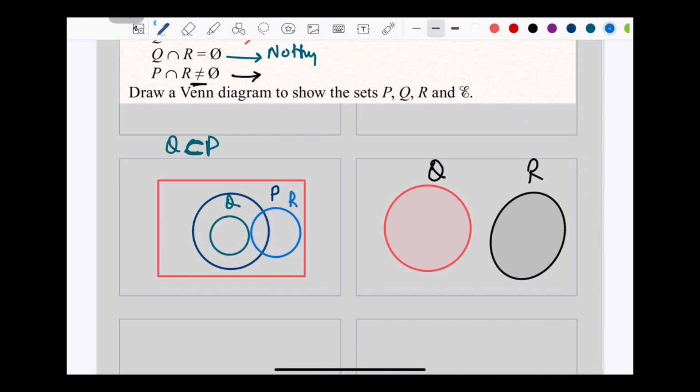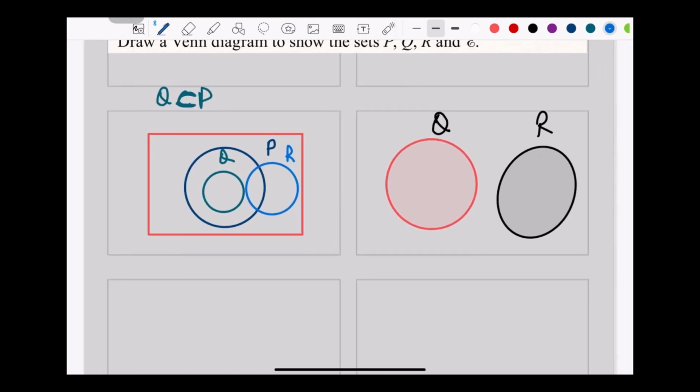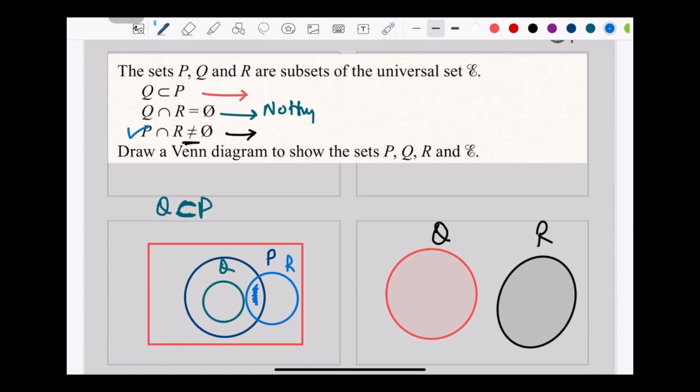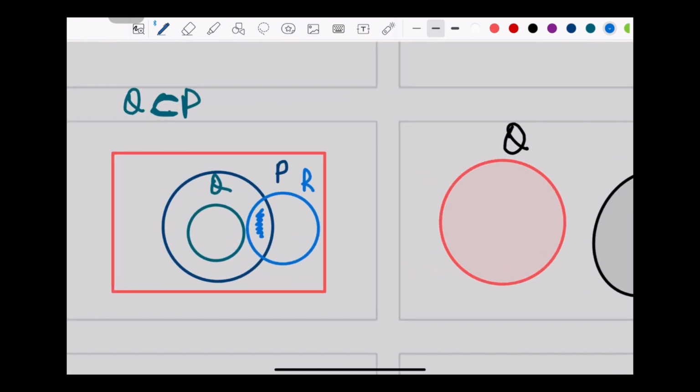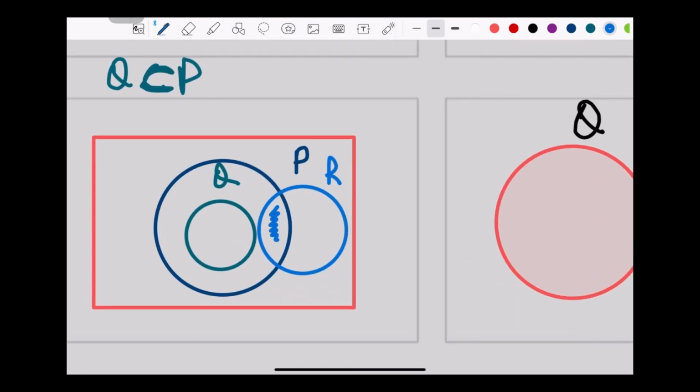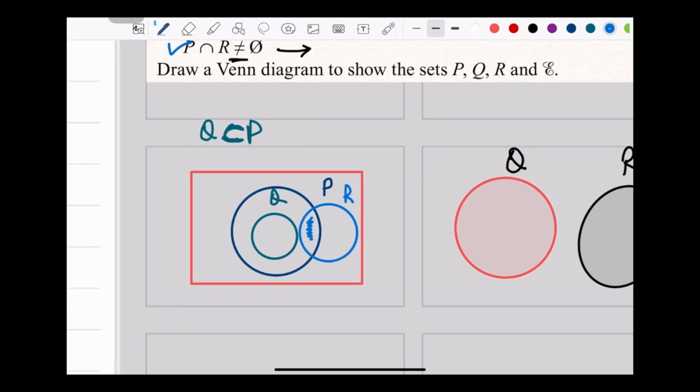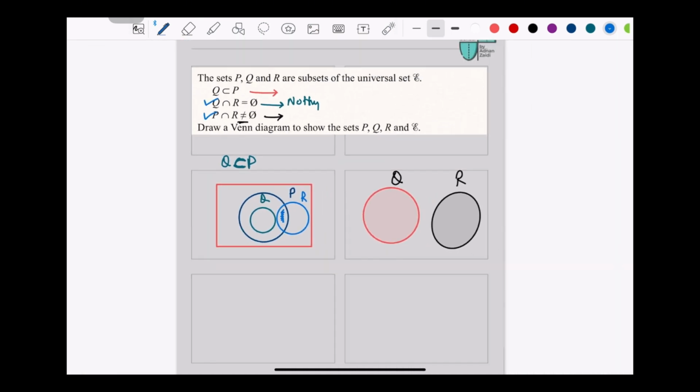This is R. Can you see here? This region represents the common element between P and R, which fulfills this condition. Q and R do not have anything in common. They are disjoint sets, and Q is a subset of P.